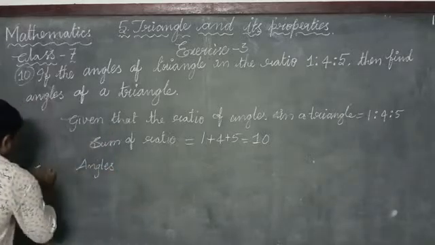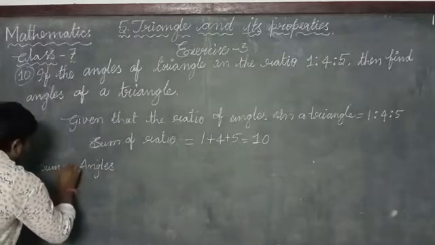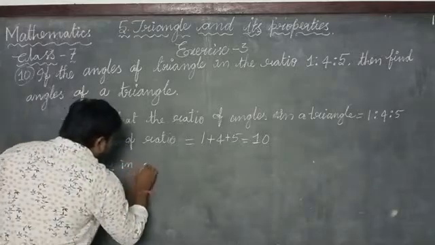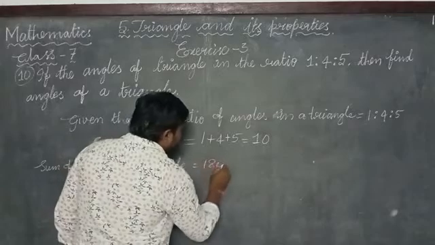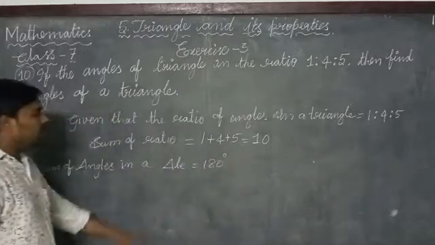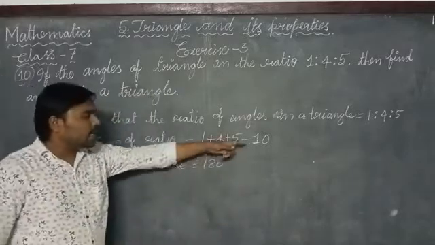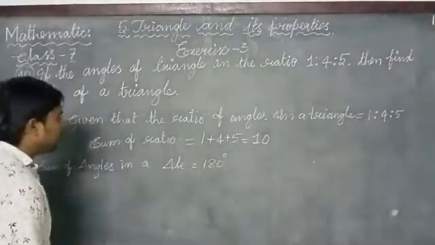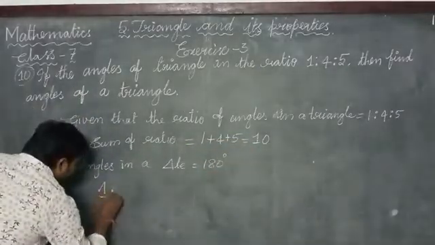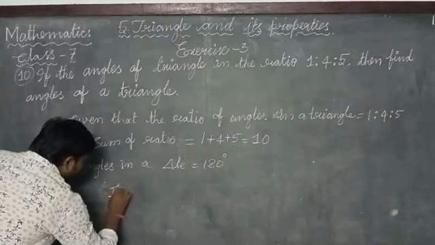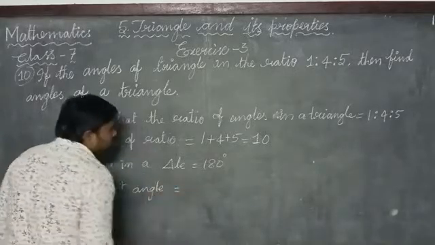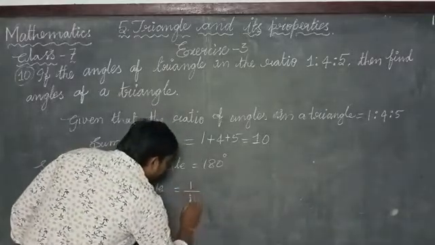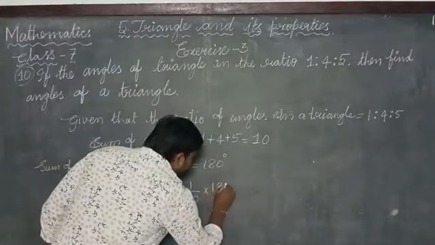Now let us see, the sum of angles in a triangle is 180 degrees. Here 180 degrees is categorized into 10 parts. Now the first angle is 1 by 10 into 180 degrees.